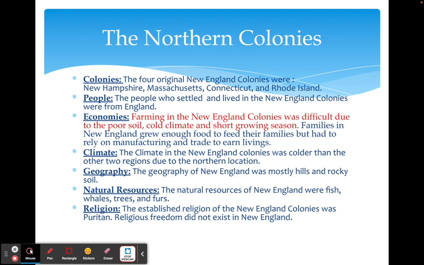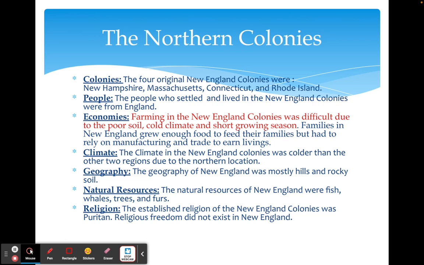Obviously, we live in Massachusetts. We live in the New England colony. So the climate here is colder than the other two regions, and that will have a dependency on what they do for their economy. Geographically, the colonies of New England are mostly hills, very rocky. So what are our natural resources here?